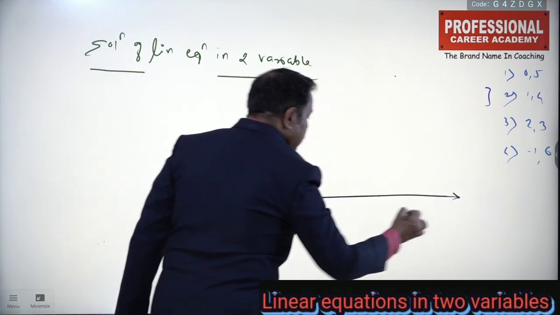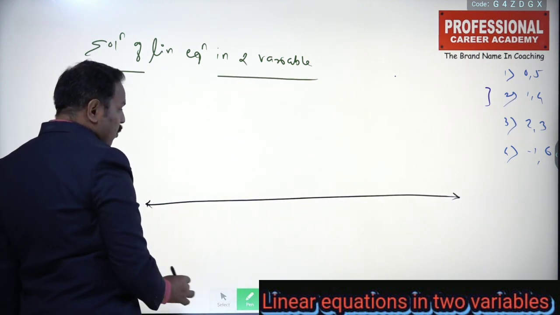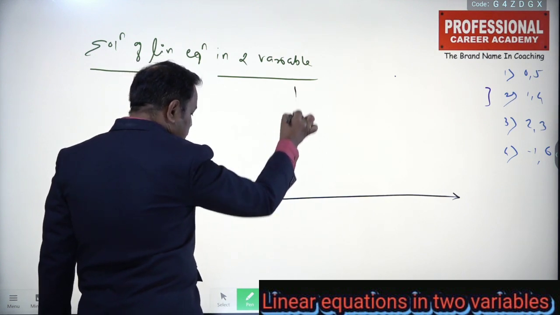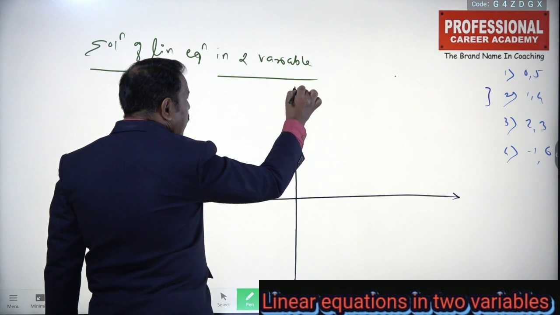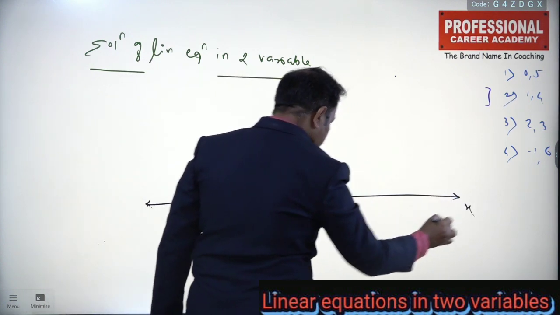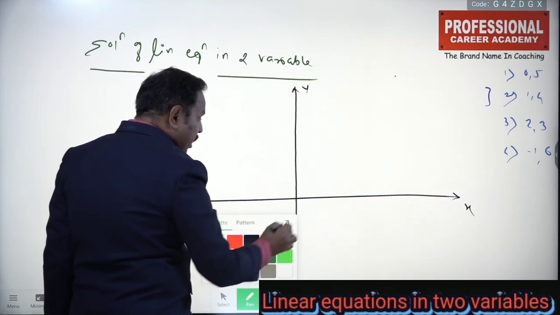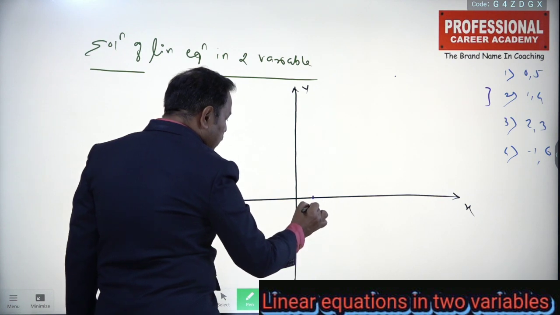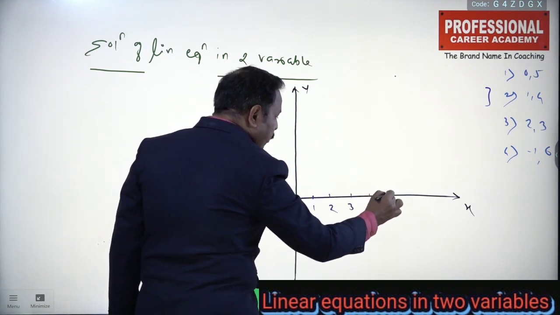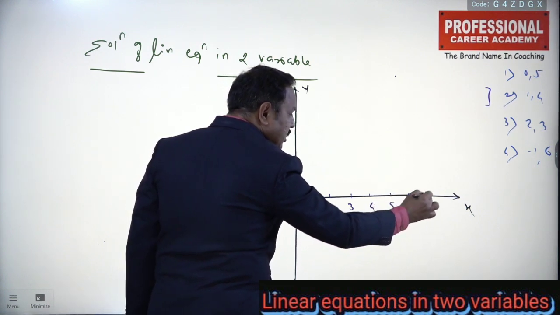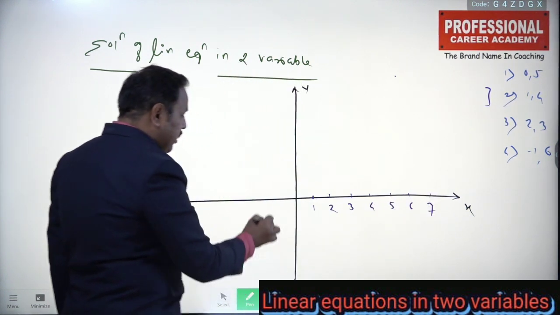this is the x-axis. Okay, and this is the y-axis. Let this be 1, 2, 3, 4, 5, 6, 7 like that.